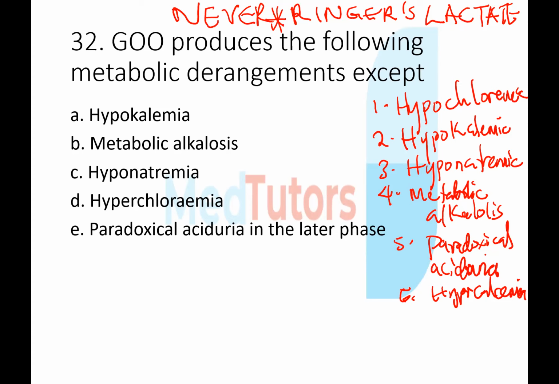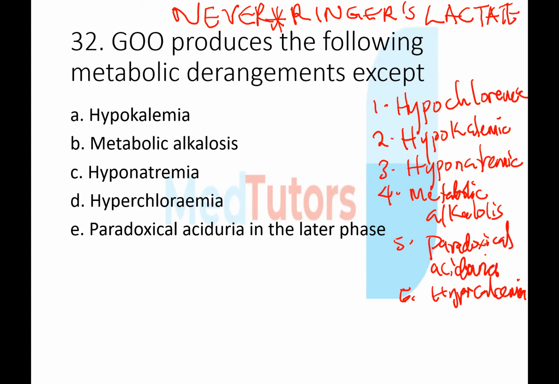Now, gastric outlet obstruction produces the following metabolic derangement, except A, hypokalemia, B, metabolic alkalosis, C, hyponatremia, D, hyperchloremia, E, paradoxical aciduria in later phase. So what is our answer here?